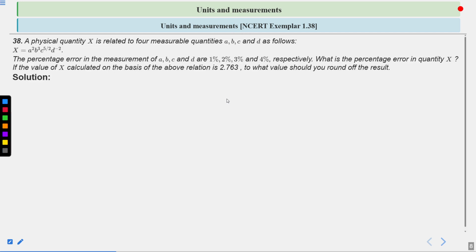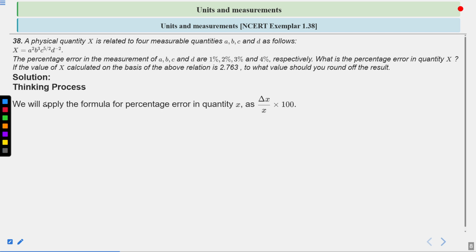Solution, thinking process. We will apply the formula for percentage error in quantity X as delta X by X. It is the relative error, and multiplied with 100 it becomes the percentage error. So the percentage error is delta X by X into 100. Answer: the given physical quantity is X is equal to A square B cube C raised to the power 5 by 2 D raised to the power minus 2.